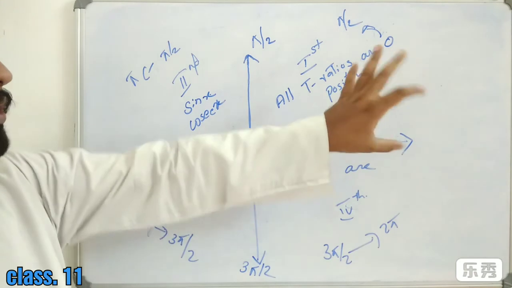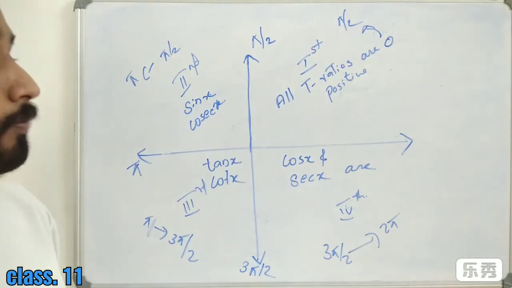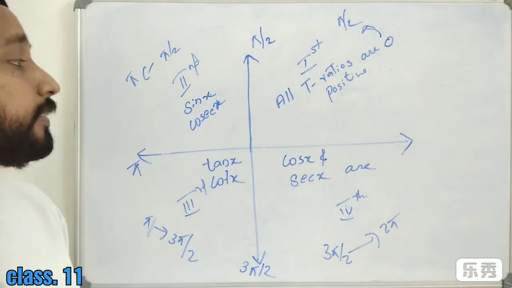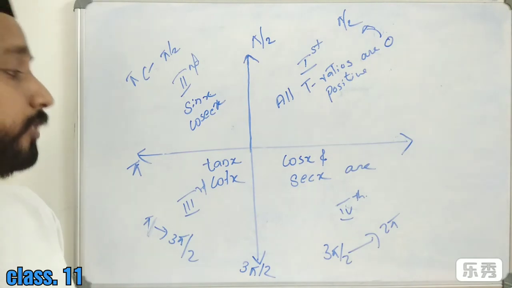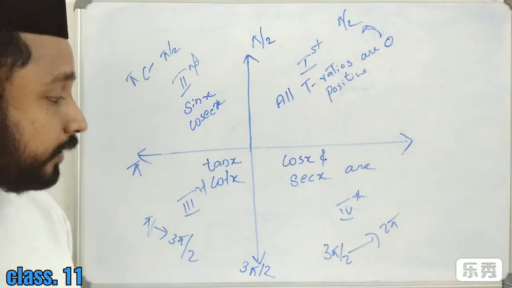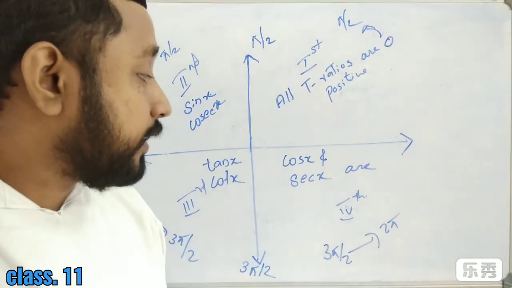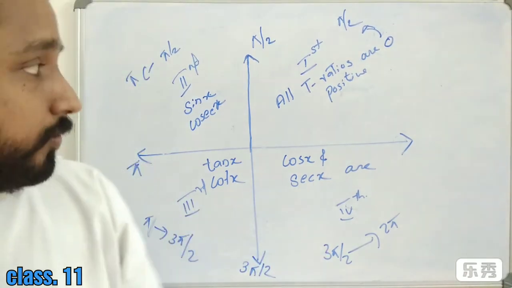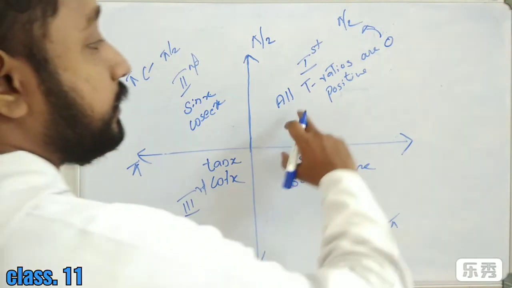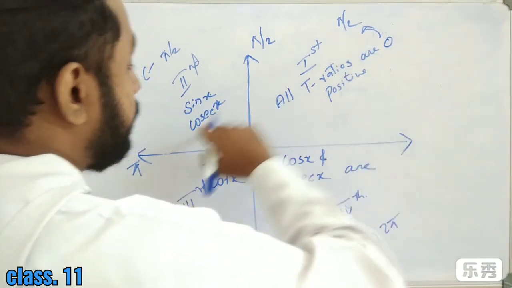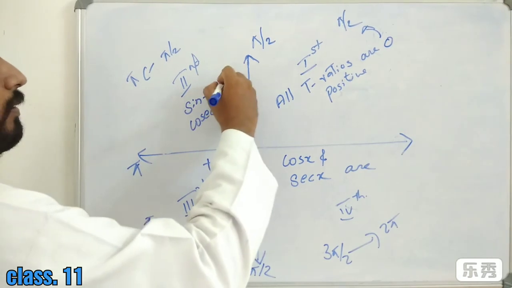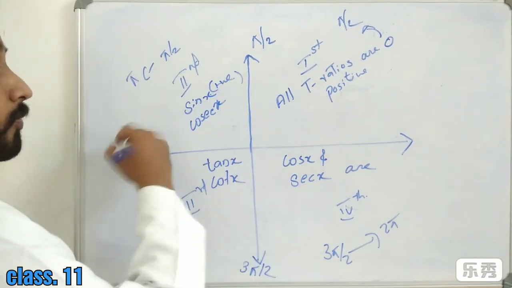So in first quadrant, all trigonometric ratios are positive. In second quadrant, sin x and cosec x are positive. Third quadrant, tan x and cot x are positive. In final quadrant, fourth quadrant, cos x and sec x are positive. So first quadrant, all are positive. Here sin x positive, therefore cosec x is also positive.